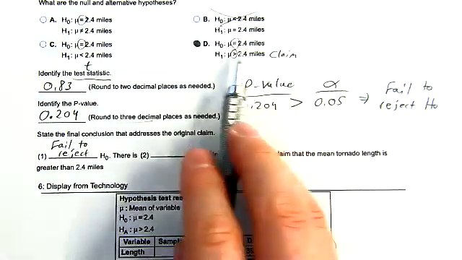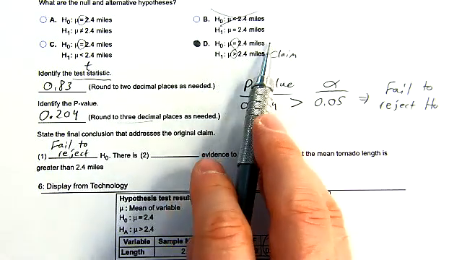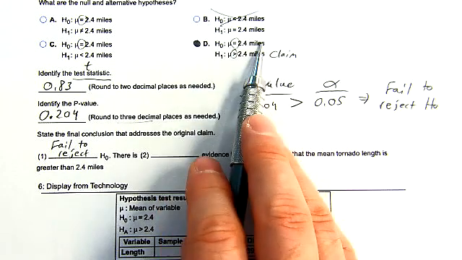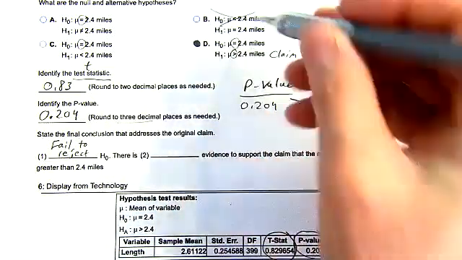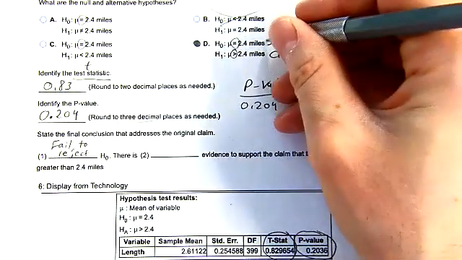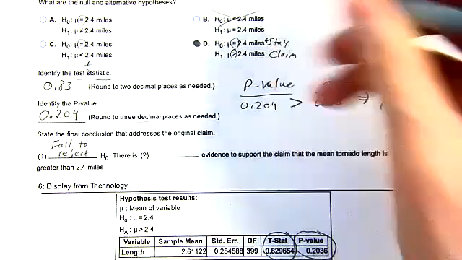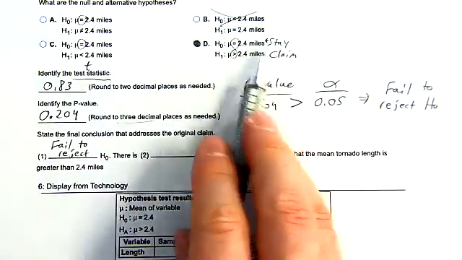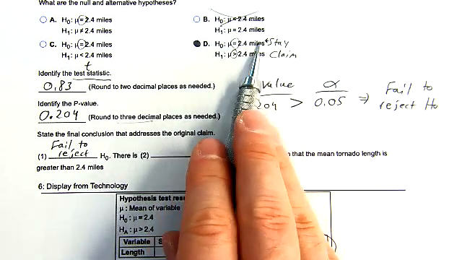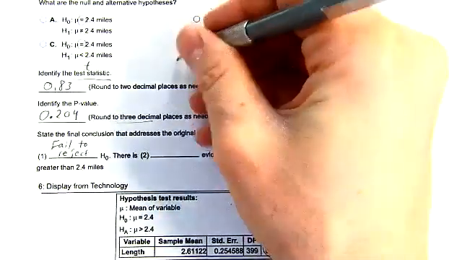So if we're not rejecting H0, we always stick with H0, and then the only time we leave it is if we reject it. So if we're failing to reject this, we are staying here. We're staying with this idea. Therefore, we are not supporting their claim. So if we're sticking with this one, we're not supporting this one.